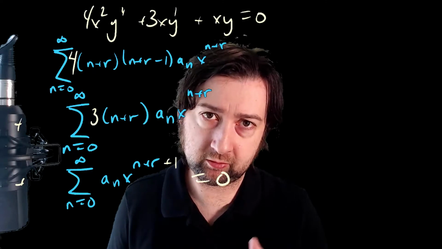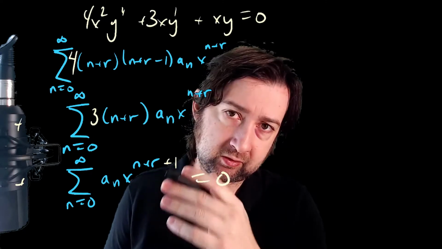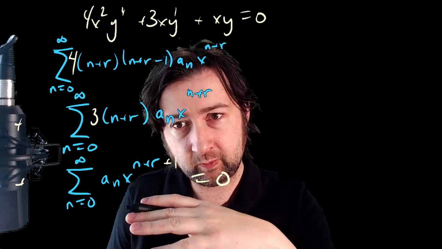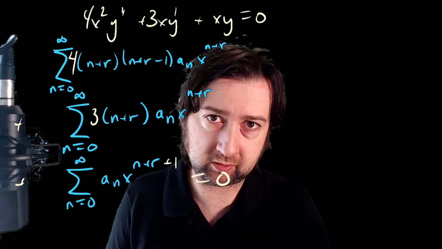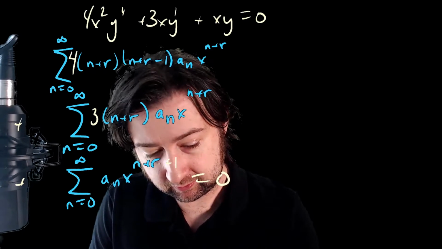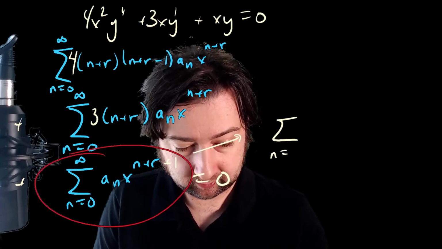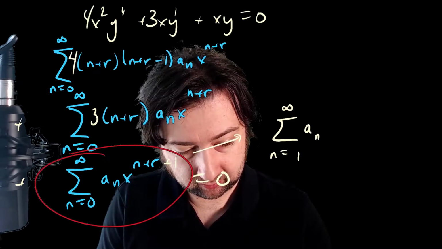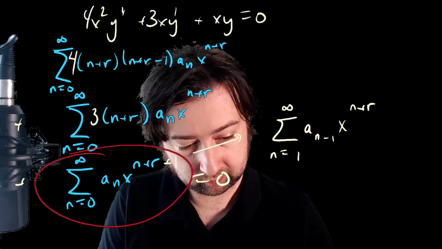And so what we'll do is we can actually replace n plus r plus 1. We can subtract 1 from all of the iterations of n. And that means that we have to add 1 to the starting place for this particular series. So what do I mean by that? I can replace this with the sum from n equals 1 to infinity of a n minus 1 x to the n plus r.